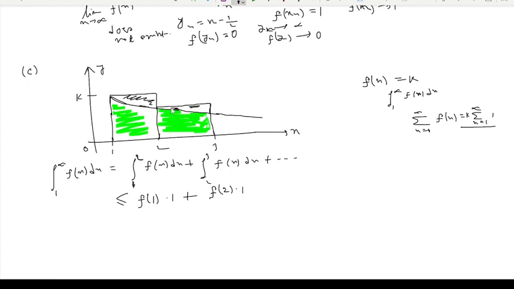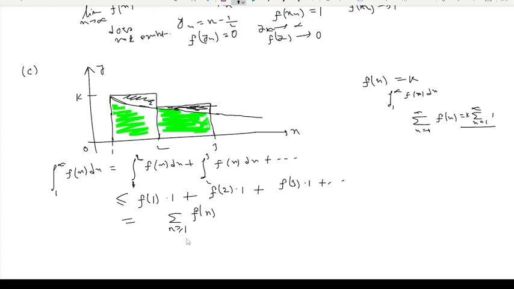And if f is not constant, there will be a portion here. So this is less than or equal to this. And similarly, integration 3 to 4 f(x) dx will be less than or equal to f(3) into 1, and so on. So this is actually f(1) plus f(2) plus f(3), which is summation f(n), n greater than or equal to 1. So we get a relation that integration 1 to infinity f(x) dx is less than or equal to summation f(n).